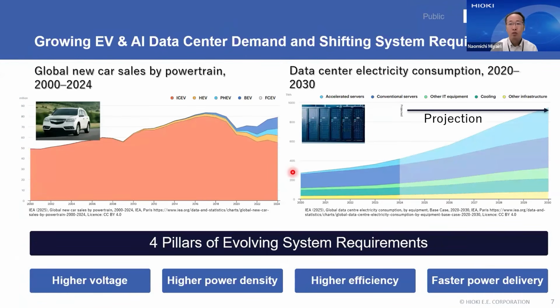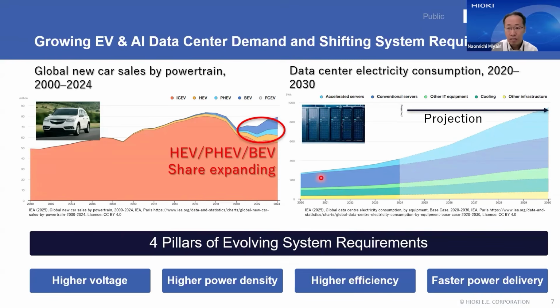So let me start by introducing the market trends and how system requirements are changing along with them. According to IEA, International Energy Agency data, if we look at global new car sales from 2000 to 2024, you can see that since around 2020, the share of electrified vehicles has been expanding rapidly.